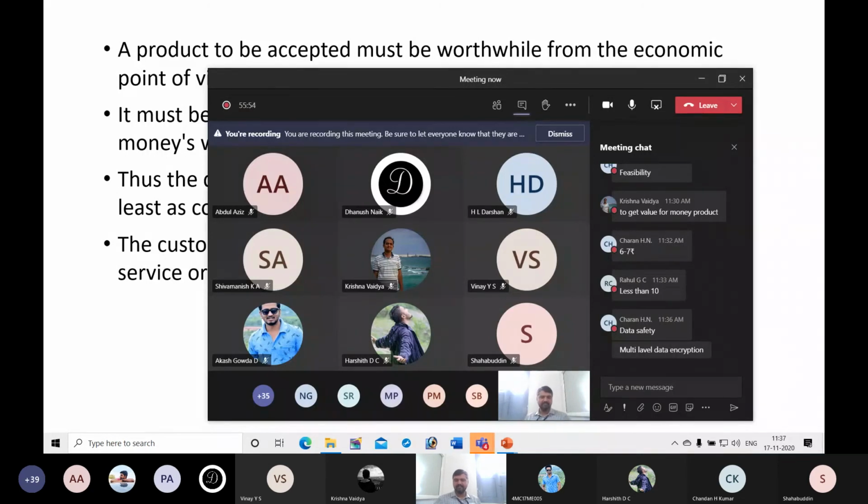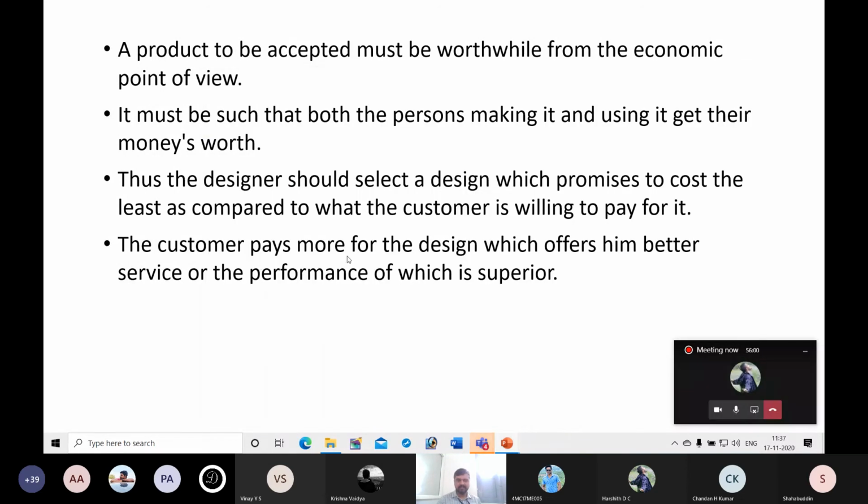Because of that also you may not get good service. It depends. The customer pays more for the design which offers better service or whose performance is superior. The example is again the iPhone from Apple. We are ready to pay more because of some of the features related to the performance of that phone.